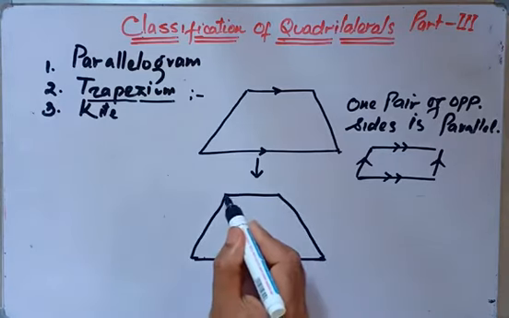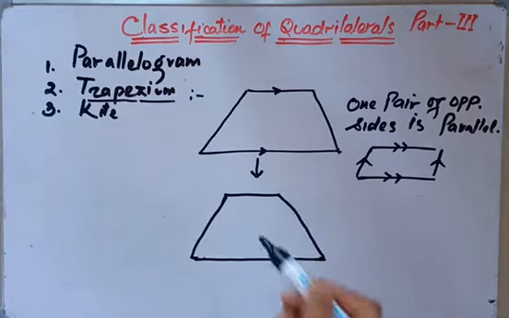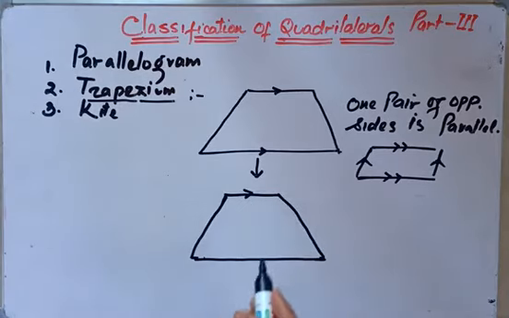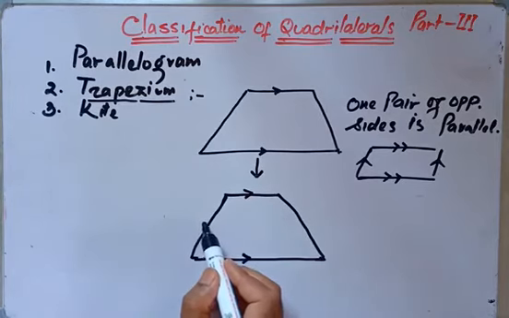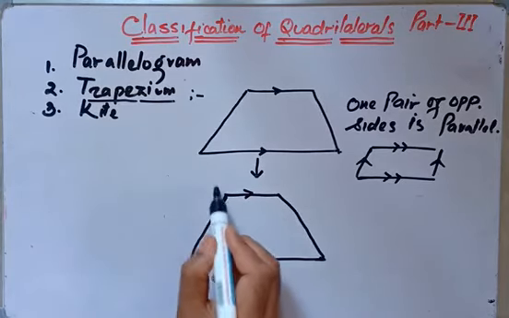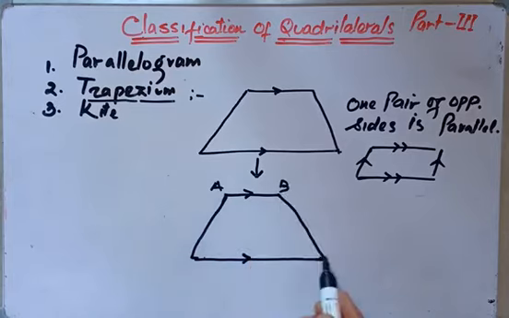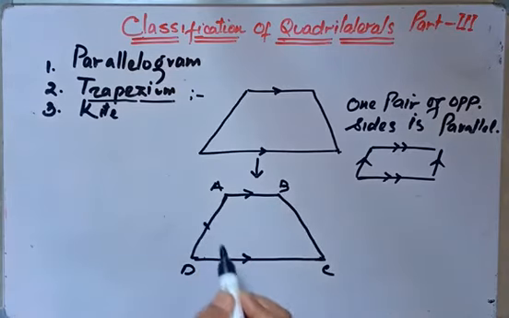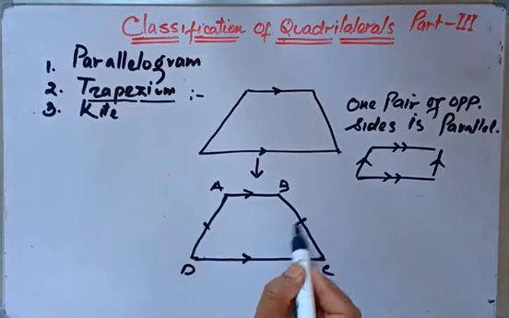This is again a trapezium in which this side is parallel to this, but there is a difference between these two trapeziums. Here the non-parallel sides, for example with vertices A, B, C and D, side AD is equal to side BC.